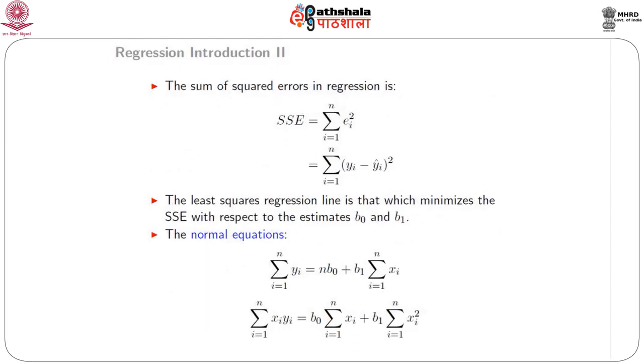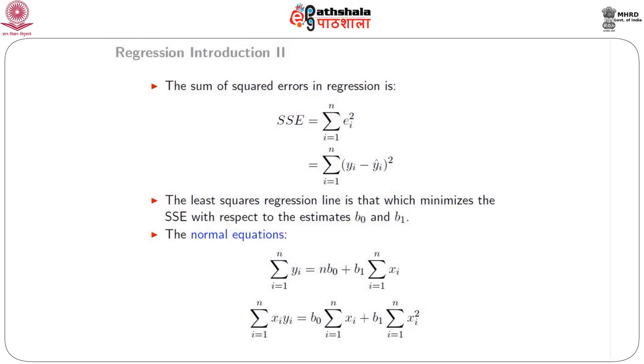Now, in order to obtain the estimates of the parameters, the method that we will see here is the method of minimizing the sum of square of errors. The sum of square of error for the regression model is given by the sum over i equals 1 to n of e i square, or epsilon i square, as we may denote the error term, where the error term is given by y i minus y i hat, whole square.